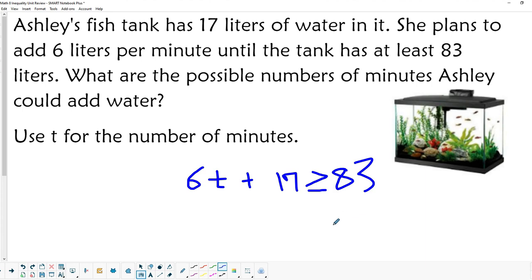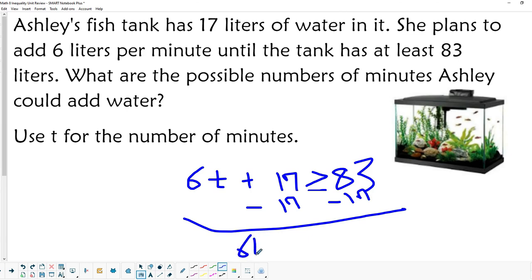So if we solve this for t, then we will know the possible number of minutes Ashley could be adding water. If we subtract 17 from both sides, that will leave us with 6t. The 17s cancel each other out. And then 83 minus 17 would be, well, let's get our calculator going here.